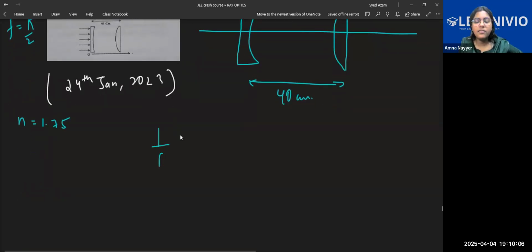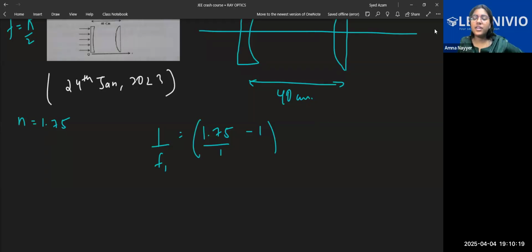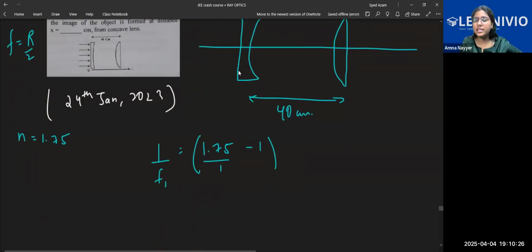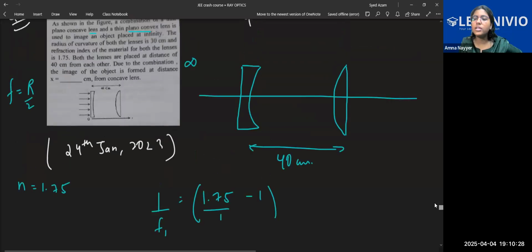See, 1 by f1 for the first one will be 1.75 divided by 1 because the surrounding medium is air, minus 1. And what's the radius of curvature? Radius of curvature, this is 30, right? So see, for this plane surface, what will be the radius? What's the formula?